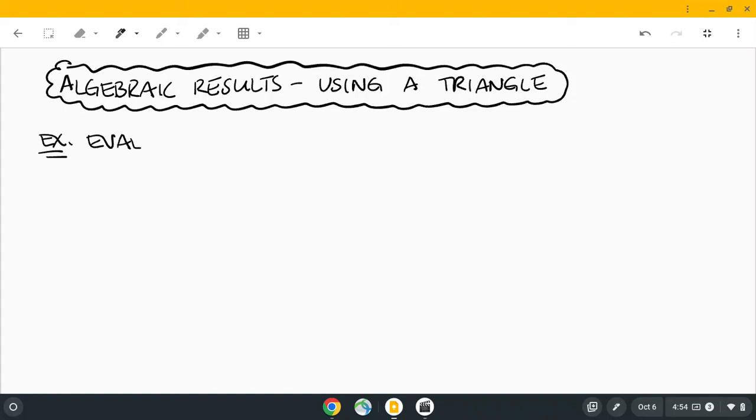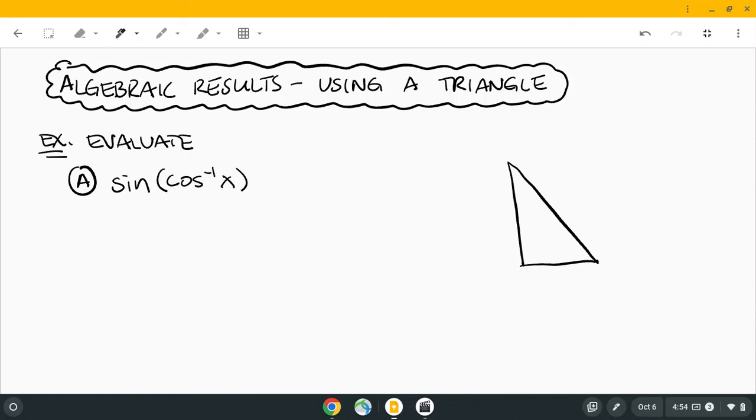Okay. All right, let's see. Evaluate. Suppose that I have this sine of cosine inverse. Again, all inverses are angles, so cosine x. We don't even have a number. All right, so what's going to happen is your final answer won't be a number. It's also going to have x in its answer.